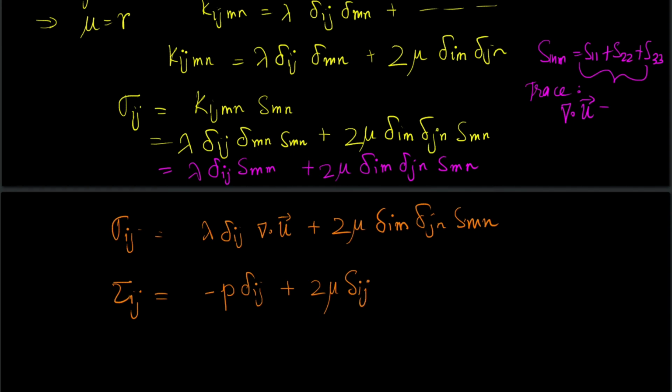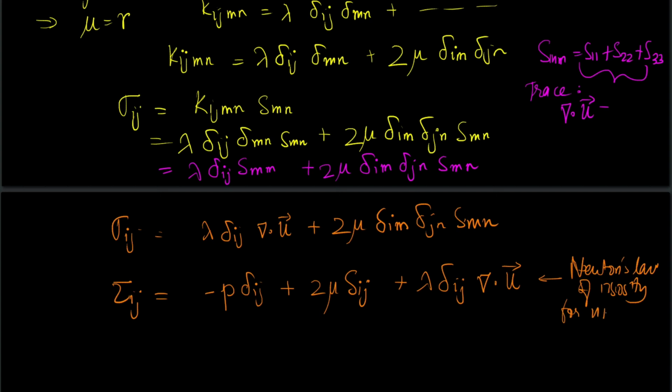So this becomes Sij. So already we are able to recover the kind of form that we are used to. This is 2 mu Sij. For unidirectional flow, this boils down to Newton's law of viscosity. You should be able to verify that.